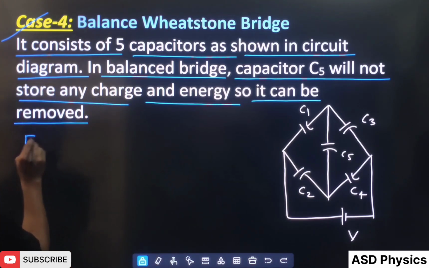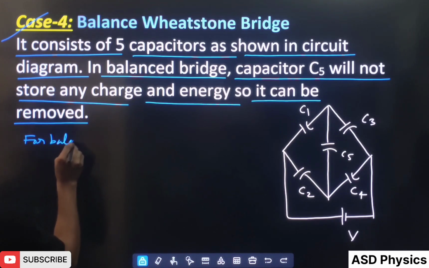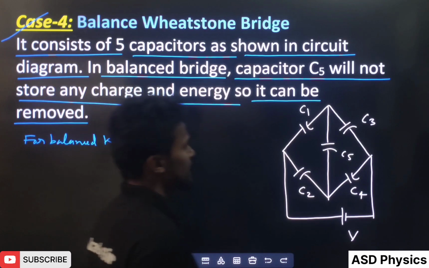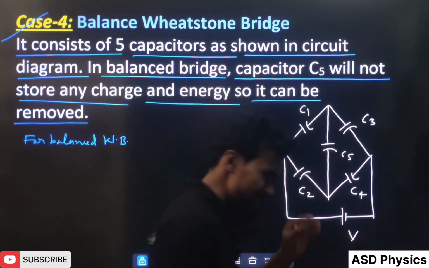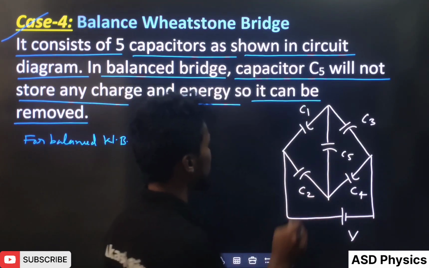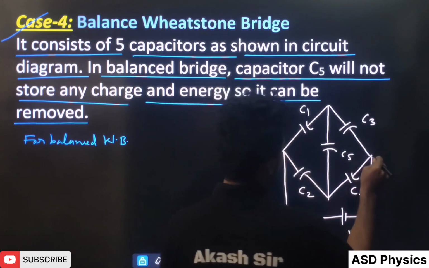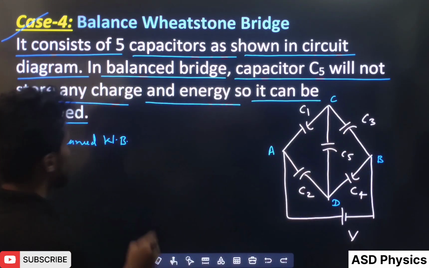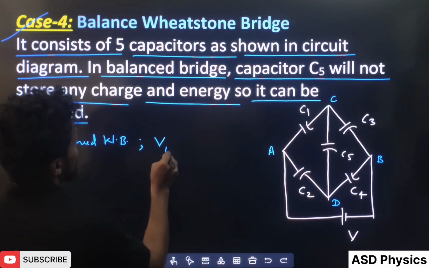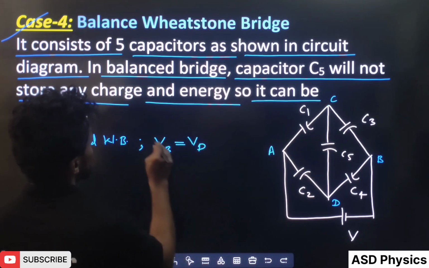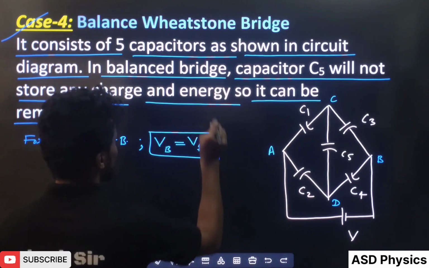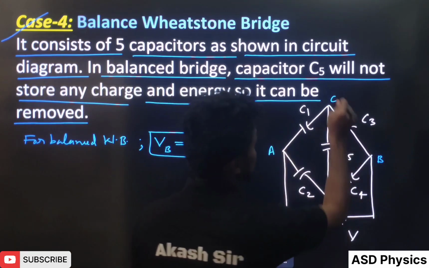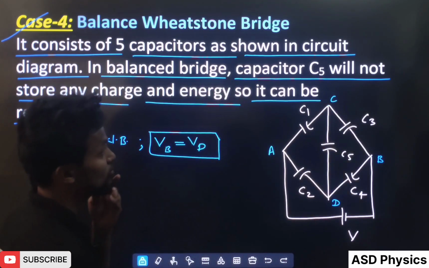What I am telling you here, for a balanced Wheatstone bridge, we used to read this in electricity, but remember that for a balanced bridge, if the points are A, B, C, D, the potential of B and D will be the same.